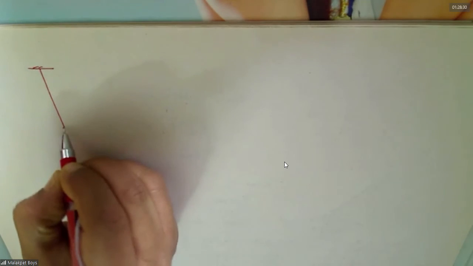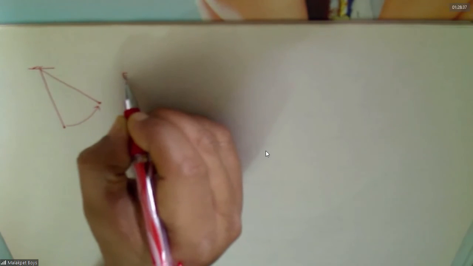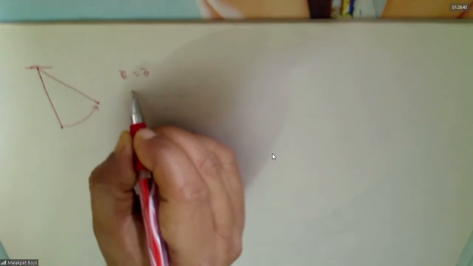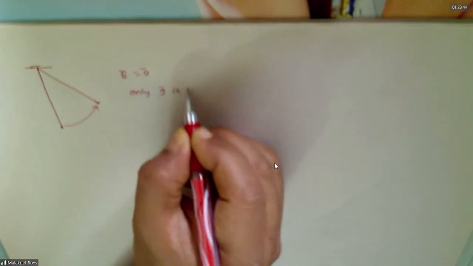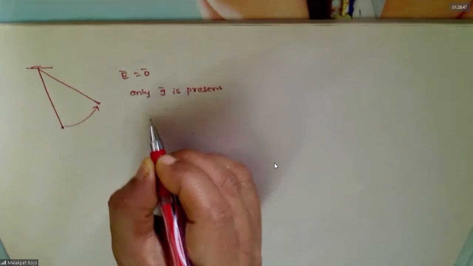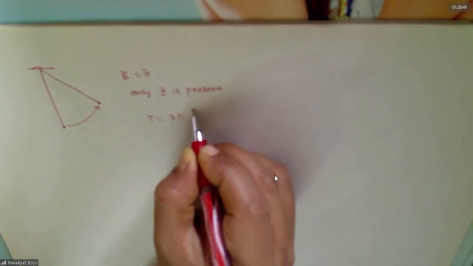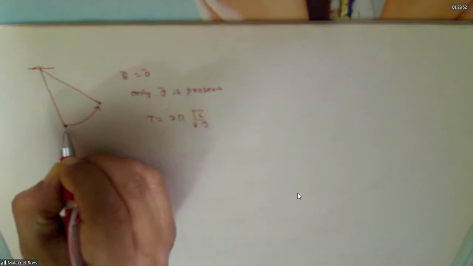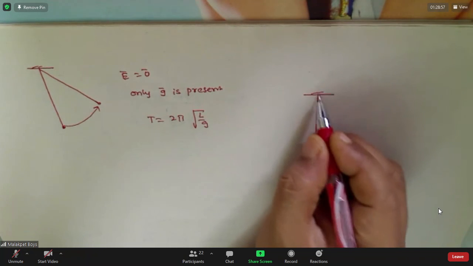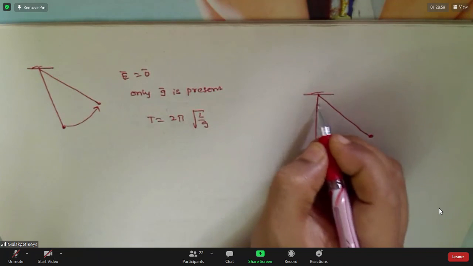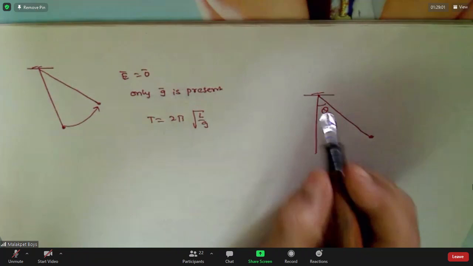Suppose you are having a situation like this. There is no electric field. E is not there. Then only g is present. Then what is the time period? 2 pi root over L by g. Now suppose we are keeping another charge here.